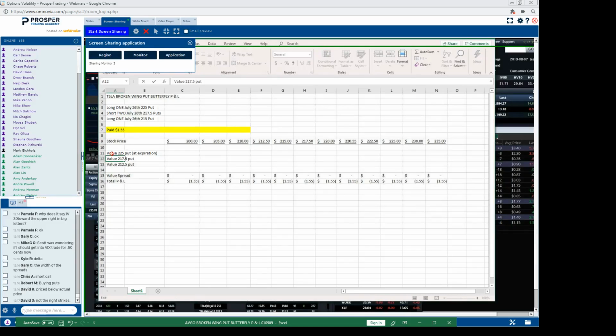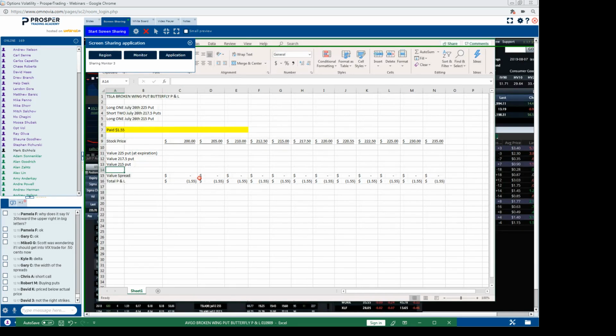So if I just break it down and look at it that way, I know then my bias is to the short side because my long put spread is $5 wider than my short put spread. Does that make sense?